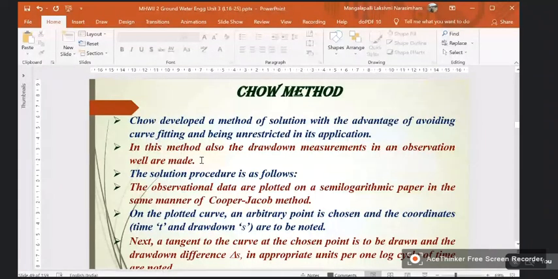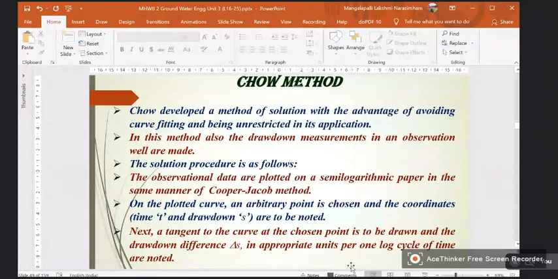The observational data are plotted on semi-logarithmic paper in the same manner as the Cooper and Jacob method. On the plotted curve, an arbitrary point is chosen and the coordinates t and s are to be noted.